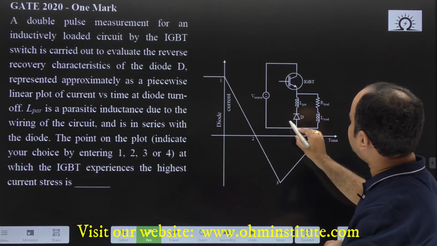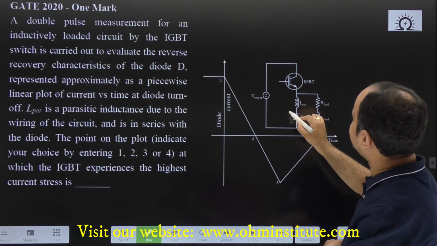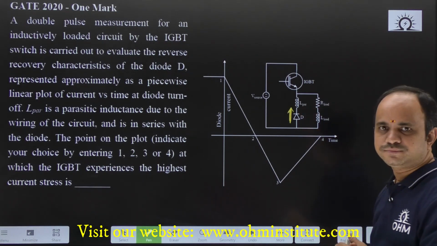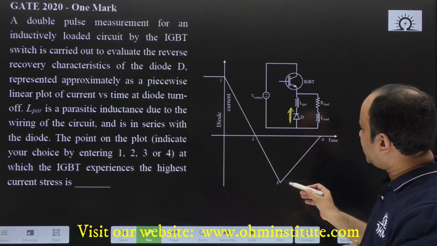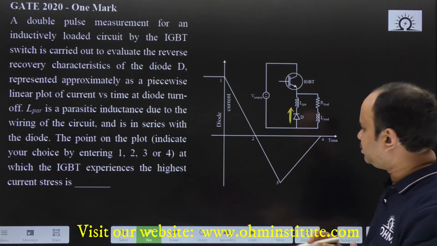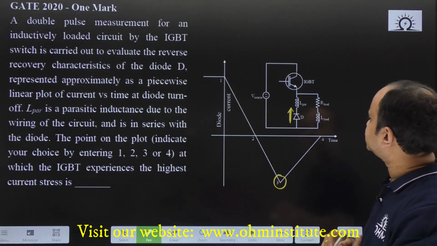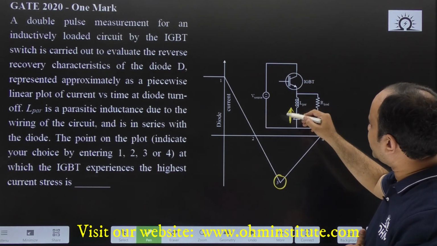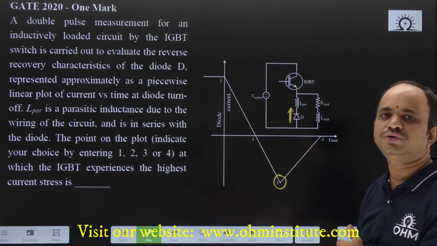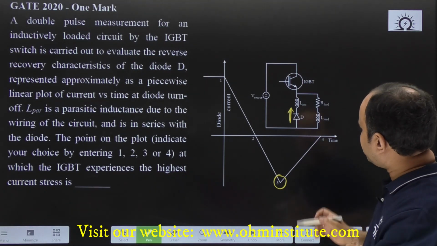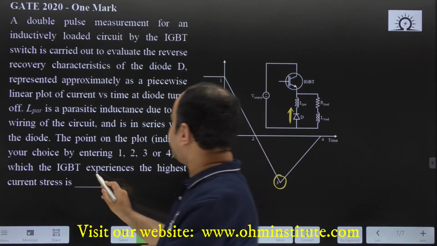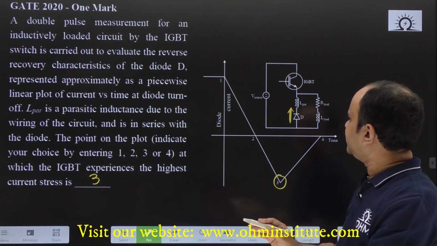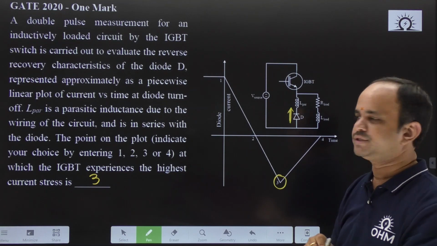Originally we will measure for a diode, characteristics will be something like this, right, anode to cathode. So, whatever the negative current, that is the negative peak value of this current, this point, this negative current means the diode has to carry from anode to cathode. In other words, that current will flow through the IGBT. Therefore, the point where IGBT experiences highest current stress, that is this instant, third instant.